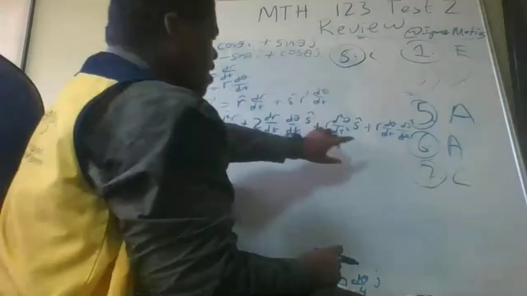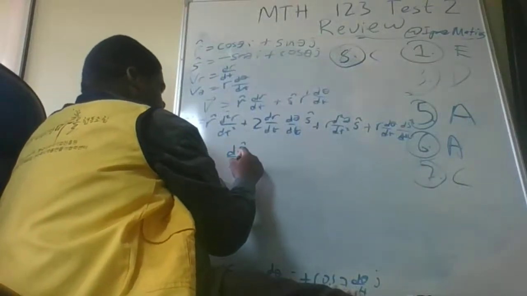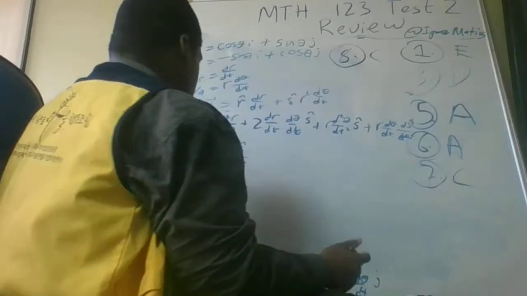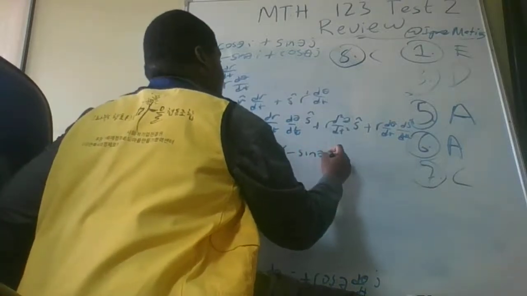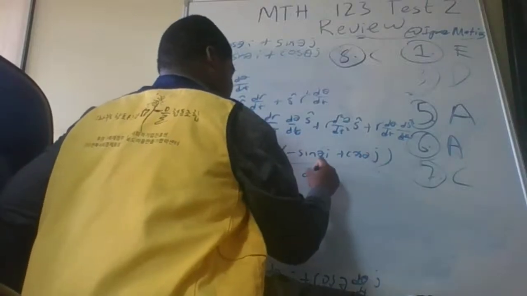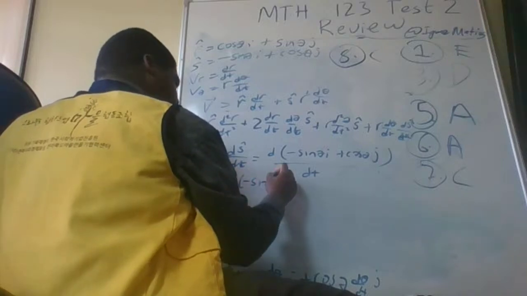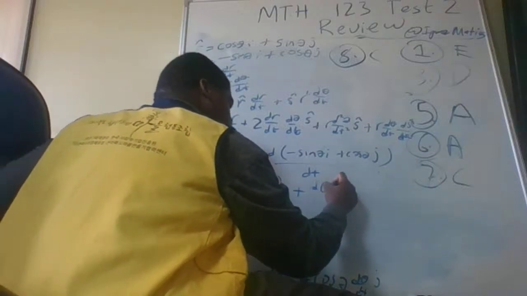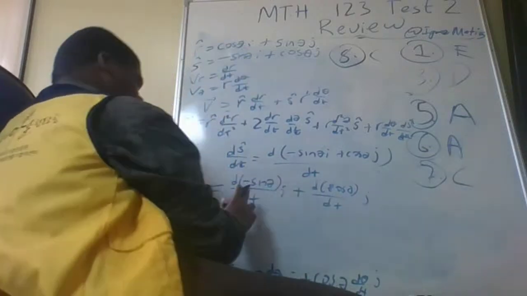So now we know everything. Now if you differentiate the transverse vector with respect to time, what do we get? Well, let's find out. If you differentiate the transverse vector with respect to time, that's basically just differentiating minus sine theta i plus cos theta j with respect to time, which is equal to the derivative of minus sine theta with respect to time times i plus the derivative of cos theta with respect to time times j.